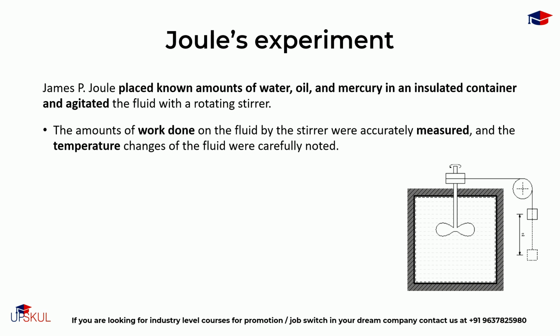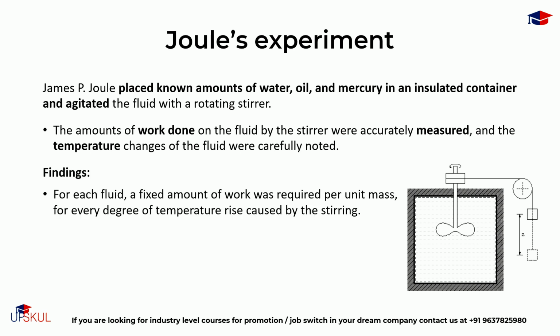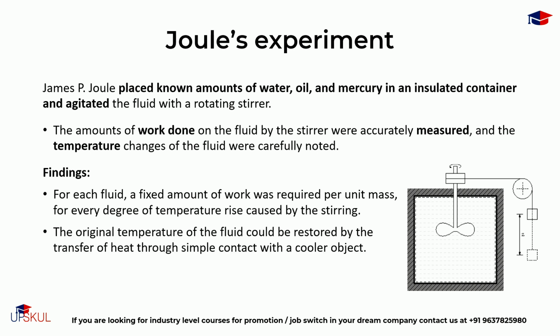He found for each fluid that a fixed amount of work was required per unit mass for every degree of temperature rise caused by the stirring action, and that the original temperature of the fluid could be restored by transfer of heat through simple contact with a cooler object.